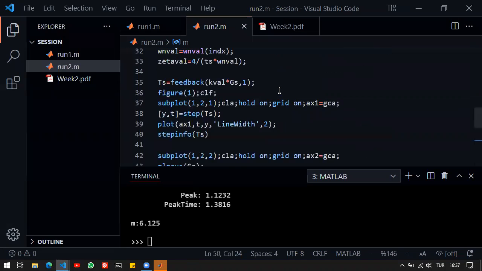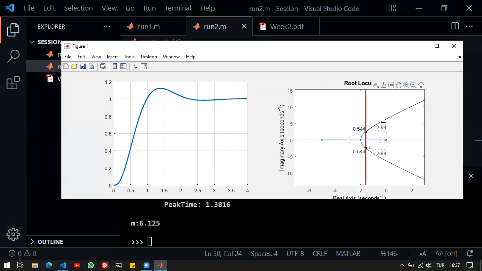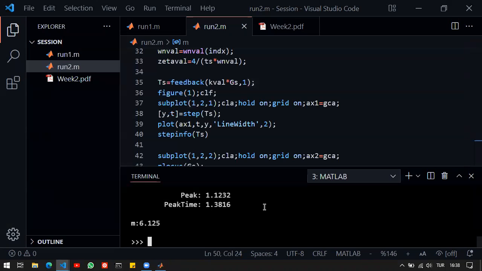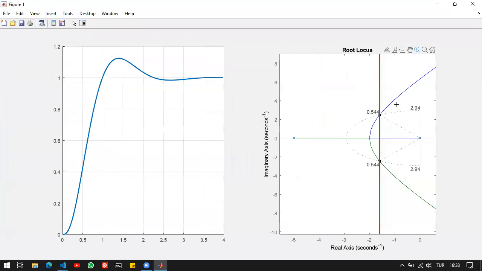So yeah. What else did change? Well, basically, we have a lesser k-val. So it was 198. Now we have roughly 85. So it's a lesser k-val. And on this root locus, for this system especially, the lesser k-val means lesser zeta value, because if I've chosen some place like this, it was 198.